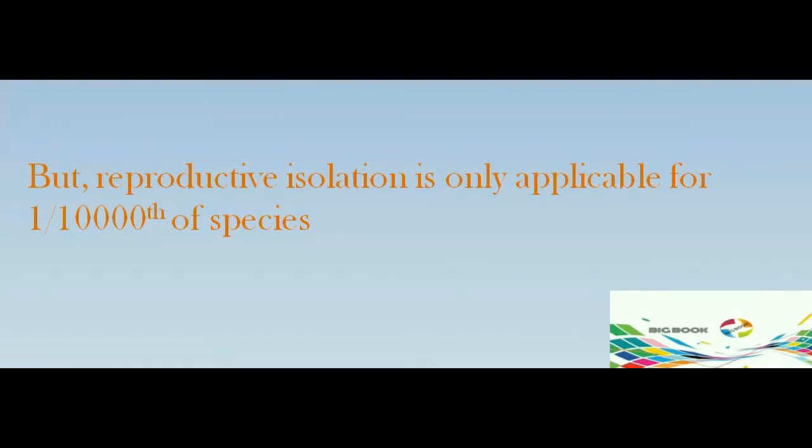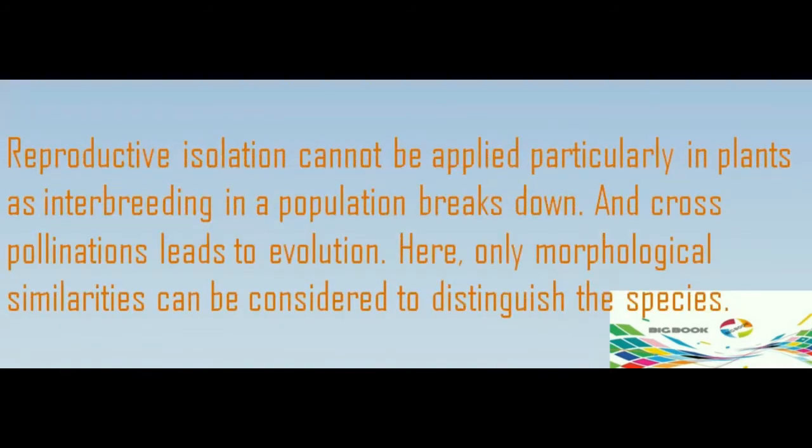There are more than 10,000 species in the natural population, but only 1 of them holds good for this reproductive isolation, while the rest of the organisms do not hold good for this reproductive or genetic isolation.